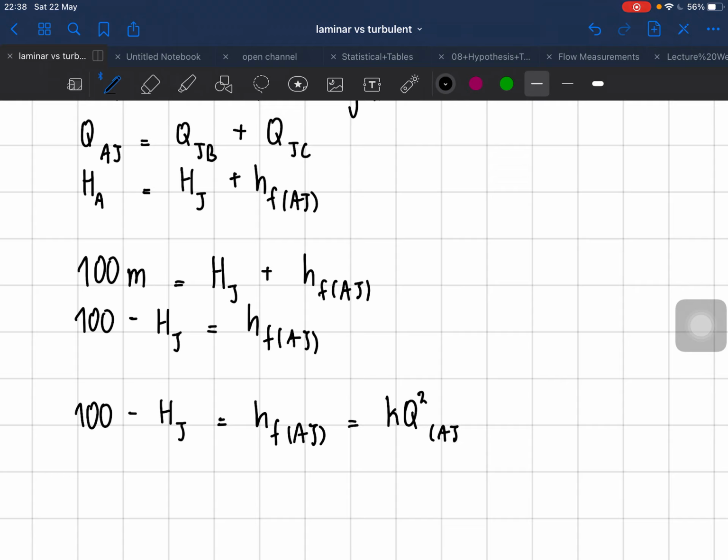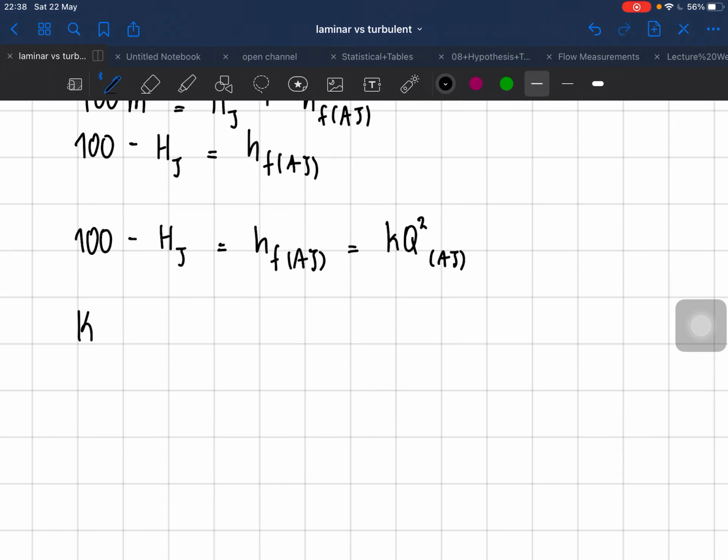I wonder if you guys remember this coefficient from the pipe work, KQ squared, before we find the head. So we know that K equals 32FL over pi squared G d to the fifth.